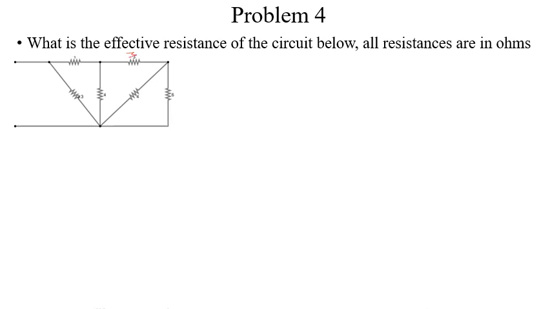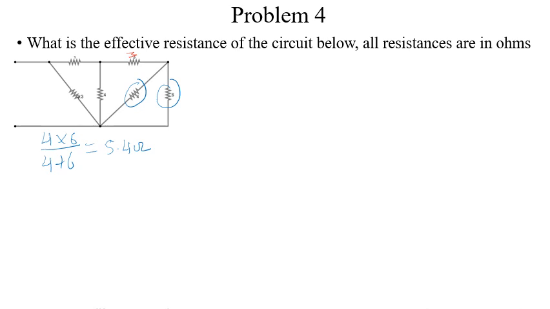We'll realize that 4 and 6 are in parallel. So let us resolve that. 4 times 6 all over 4 plus 6, which is equal to 2.4 ohms.